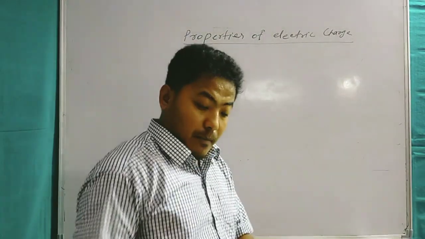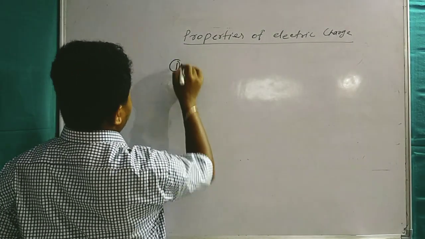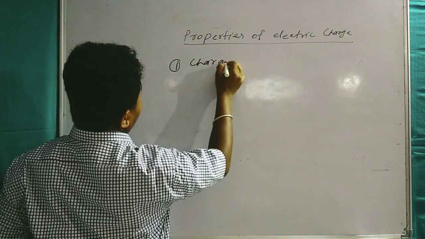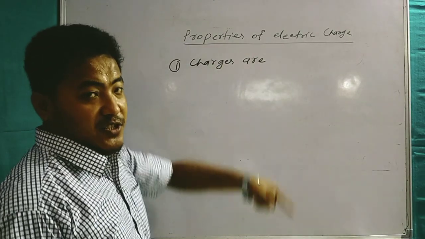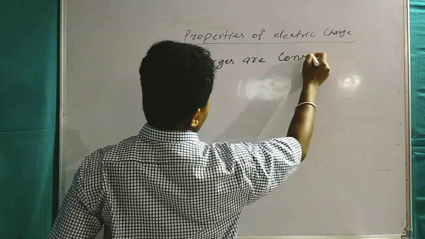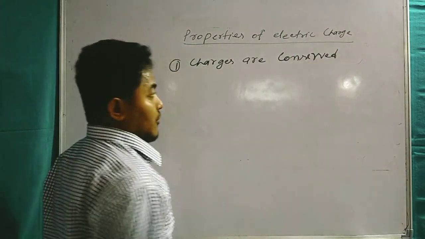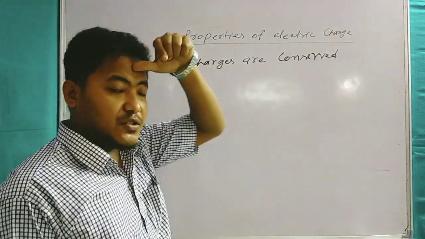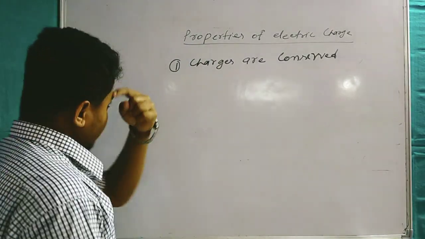So number one property, as I have just told you: charges, meaning electric charges, are conserved. I have explained it to you. What is conserved? You cannot destroy it or you cannot create it.